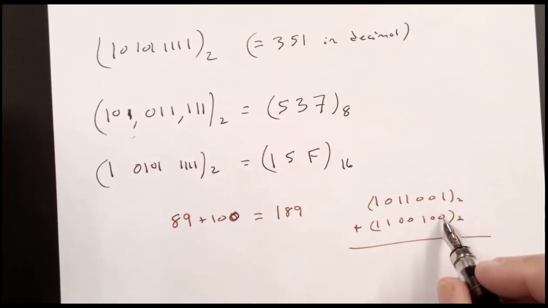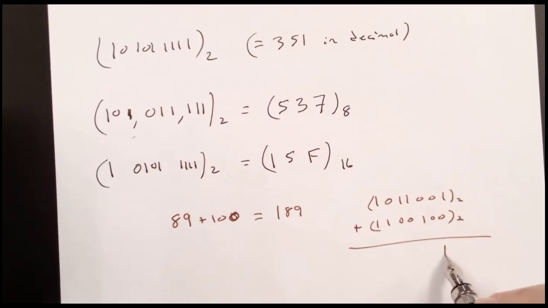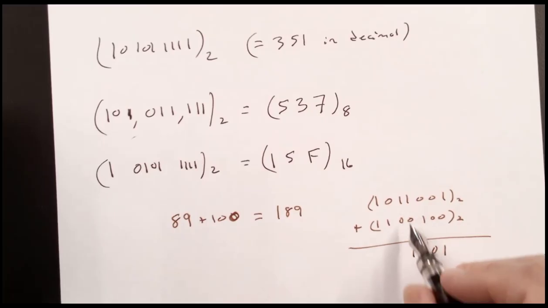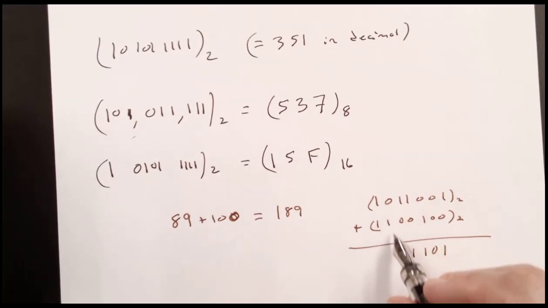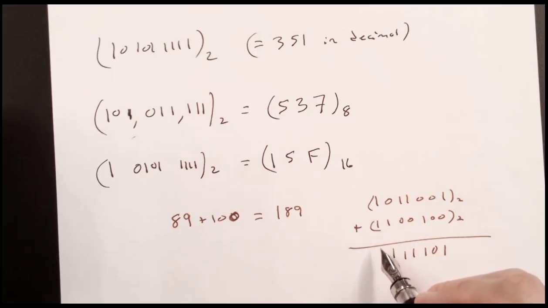What's 1 plus 0? 1. What's 0 plus 0? 0. 1 plus 0. 1 plus 0. 1 plus 0. 1 plus 0. 1 plus 1 in binary is 2.